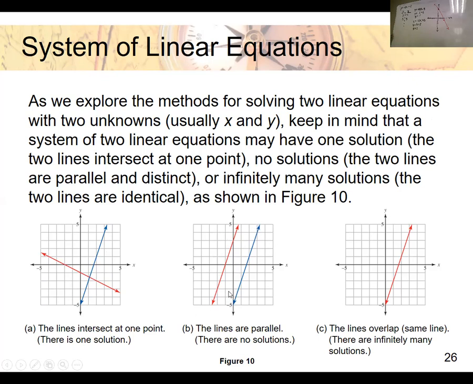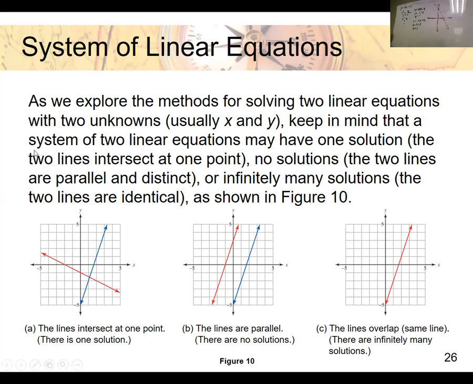We call that parallel lines. And when those two lines are parallel, they don't intersect. That means that there are no solutions. And then finally, the third case where the lines overlap. That means you have the same line. When that happens, that means you will have infinitely many solutions. Okay.